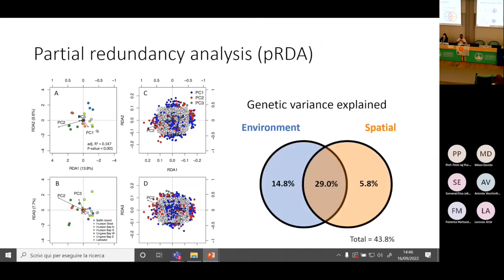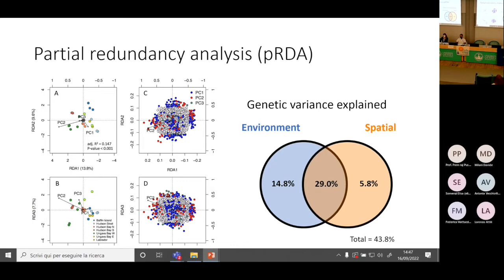And what I find interesting when looking at the R squared is that you can actually check how much of the genetic variance is explained only by the environment, only by spatial structure, and by both. So you can see that for most, like we said yesterday, some of the signal of selection might be lost just because we cannot differentiate if it is because of spatial structure and genetic structure or only the environment.